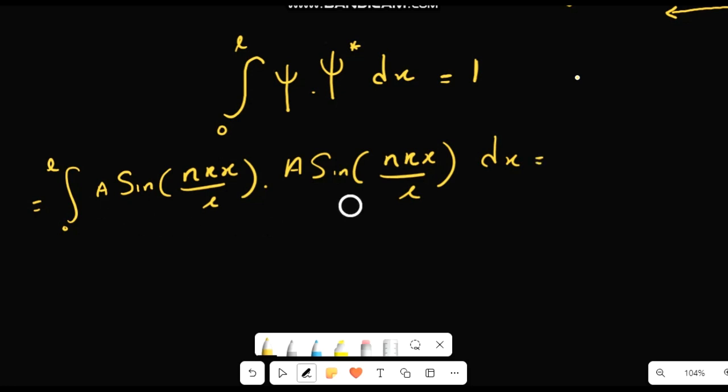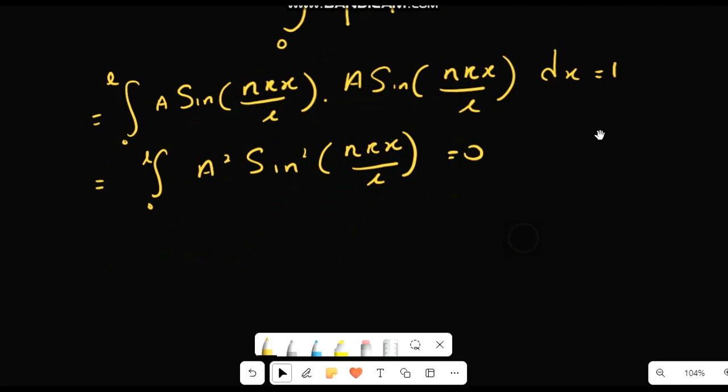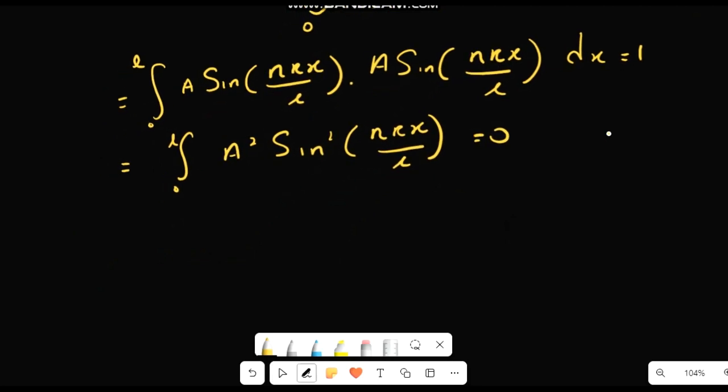If we integrate this, it gives the probability of the particle being in this region, which should equal 1. So I'm going to go with our simplification: the integral of A squared sin squared(nπx/L) dx equals 1.